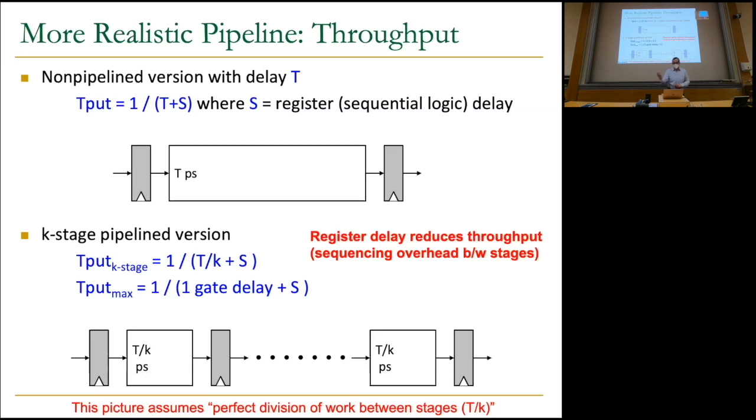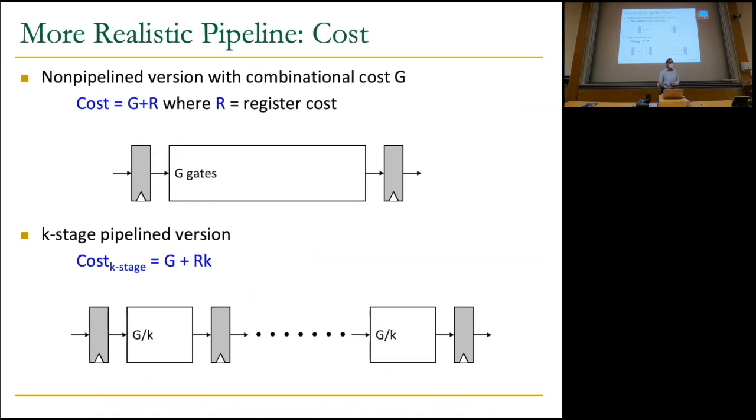Okay, so this is the throughput. Let's take a look at cost now. This is the non-pipelined version with combinational costs. Assume that you have G gates over here and you have R registers. That's the register cost. Your cost is G plus R, roughly. We're doing analytical equations here. For the K-stage pipeline version, ideally you would have G over K per stage, because it's very difficult to divide, for example, into 30 stages where you perfectly divide the G gates into G divided by 30.